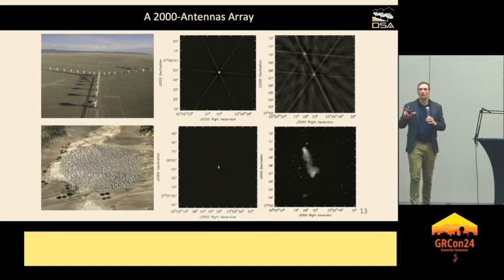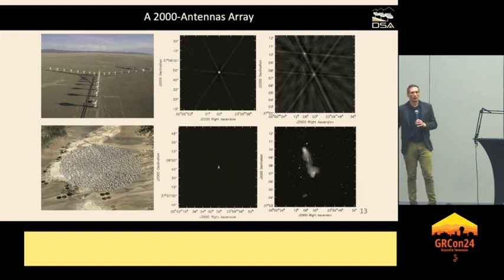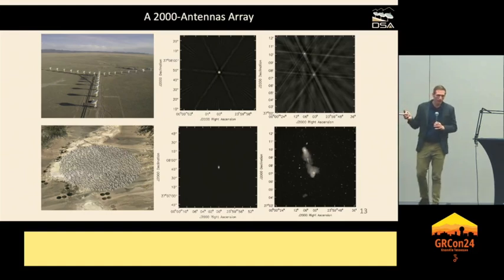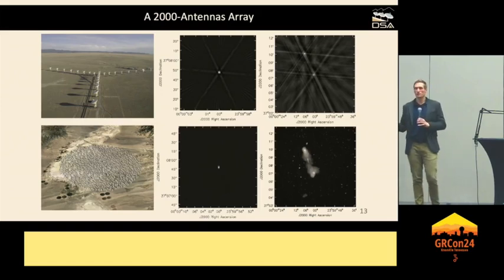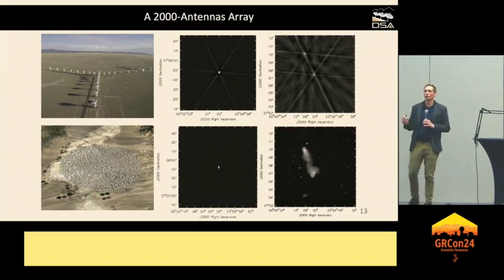So we roughly estimate the point spread function of our telescope, and we deconvolve it from our image. When we have 2,000 antennas, this is the bottom row, our point spread function is pretty much a Dirac. It's one pixel. And we produce images of scientific relevance right away without having to deconvolve anything.